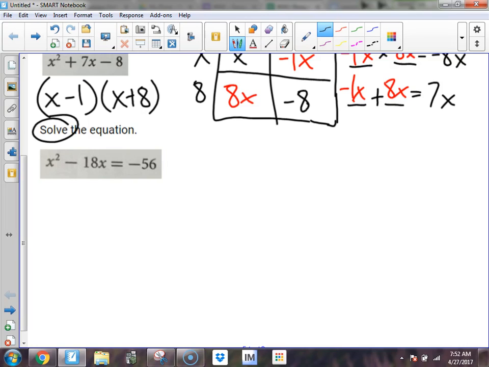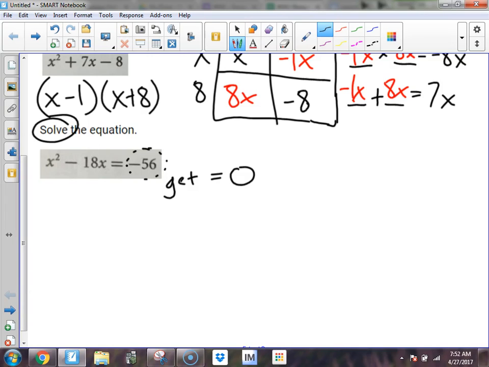The first thing that we're going to do, get equals 0. Make it so that it's equal to 0. I'm going to move this negative 56x to the other side of the equal sign.